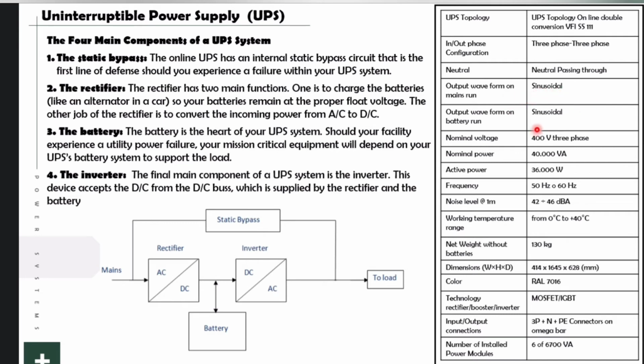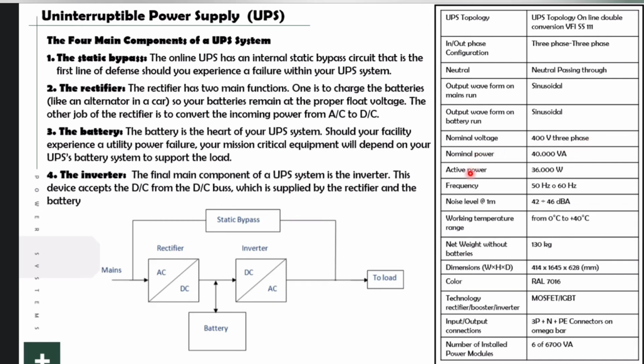is sinusoidal, and for the output from the battery run it is also sinusoidal, and the nominal voltage is 400 volt for the three phase, or 380 and so on, depending on the system which I use.